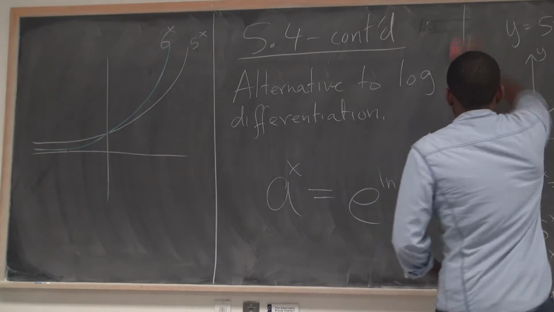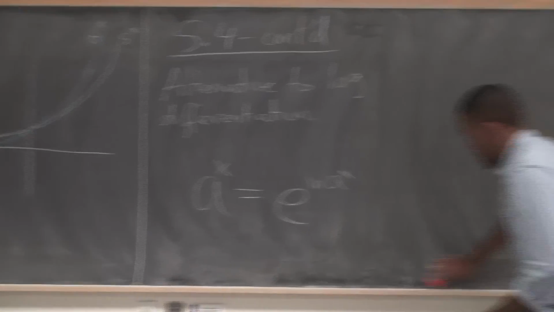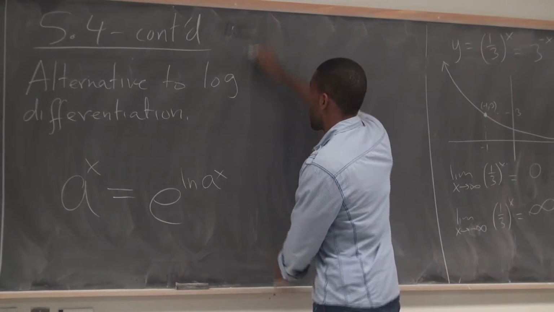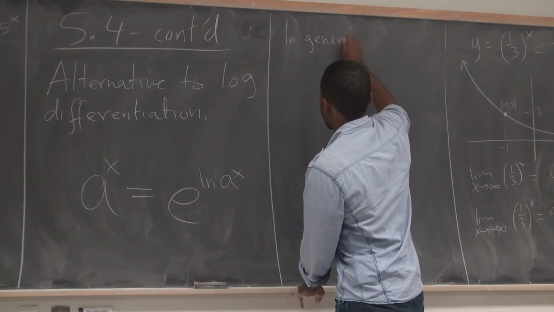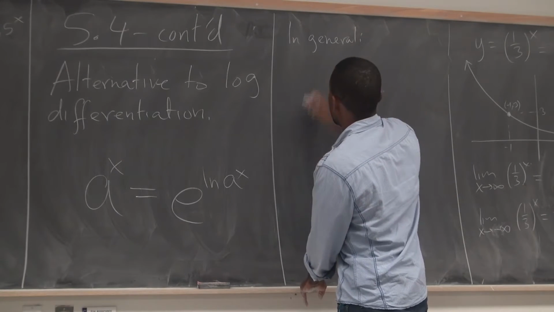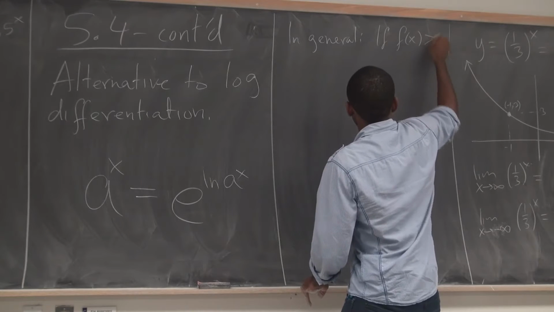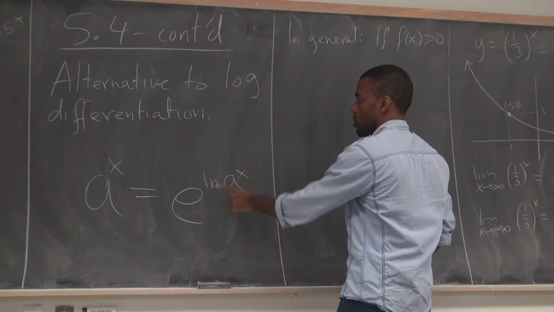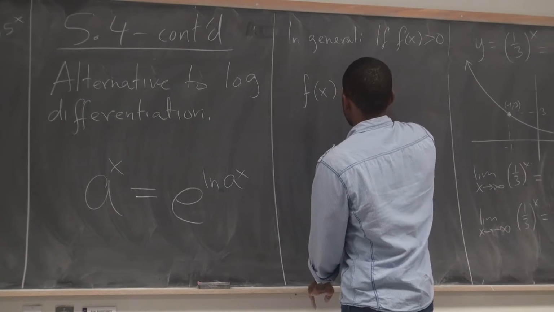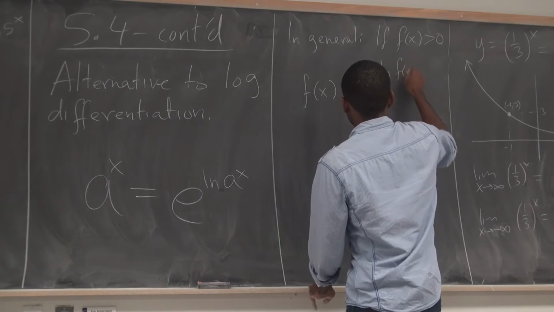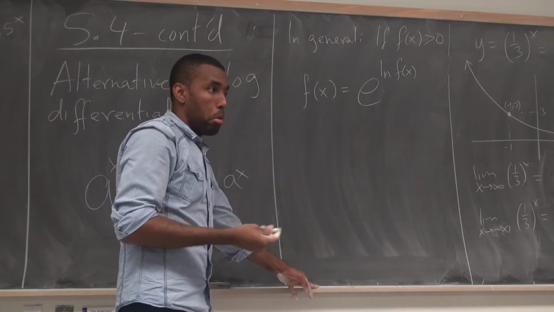Or in general, this is something we can do in general, by the way. It's not necessarily something where I need an exponential to work with. In general, if I know that my function is positive, because I need to make sure it works in the log, then f of x I can write as e to the ln of f of x, right? By the same rule. Yeah, seems legit.